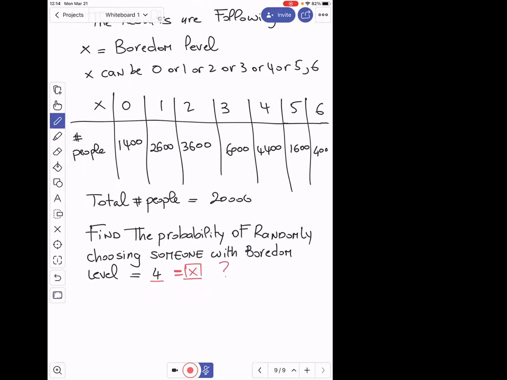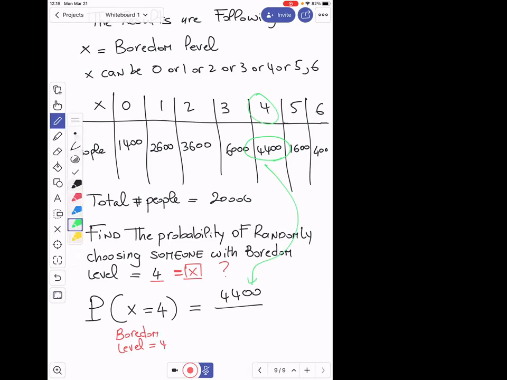So the probability that my x is equal to 4, where x equal to 4 means boredom level equal to 4, will be, as Kayla said, the number of people with boredom level equal to 4, which is 4,400, over the size of the sample.